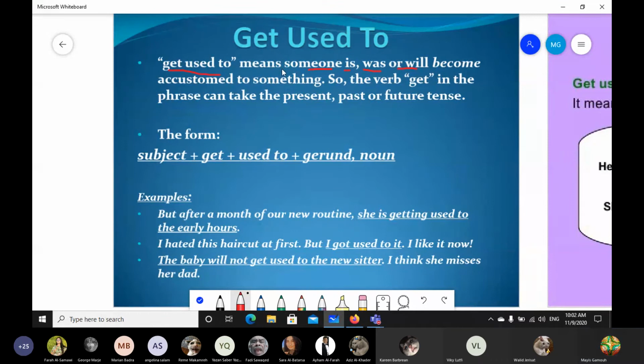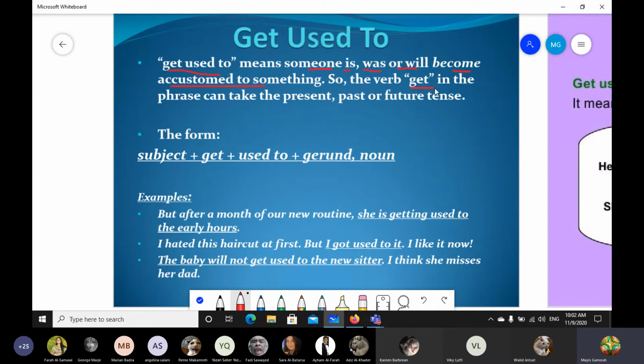So it means someone is, was or will become accustomed to something. اوكي، راح يصير become accustomed اللي هو familiar with something. اوكي، راح يتعود على شيء، راح الشيء هذا يصير مألوف عنده.